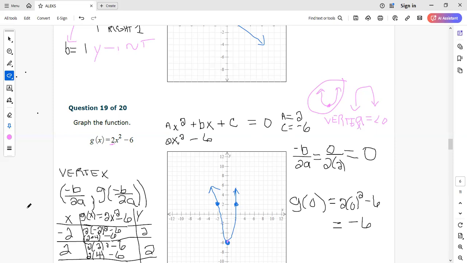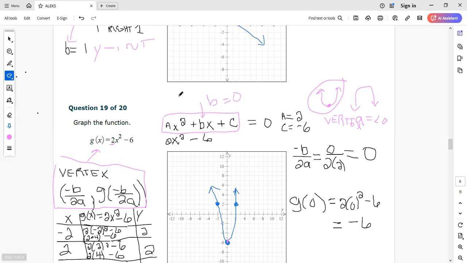Now to get the vertex, we can use this format here. Our vertex for this g function, to get the x coordinate, we divide negative b by 2a. And what do we mean when we say negative b over 2a? We're going back to that quadratic form. Our b is the term that's in front of x. We don't have 1x, so we know that our b is equal to 0.